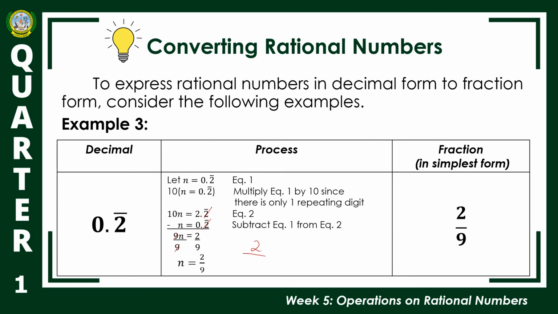over 10 minus 1. So, bakit 10? Kasi nasa 10th place kasi siya. Okay, kaya magiging 10 minus 1. Ayan, so magiging 2 over 9 po ang sagot. So, yun yung shortcut. So, kung nasaan po yung dulo ng repeating digit, yun po yung magiging minuend po natin sa baba.